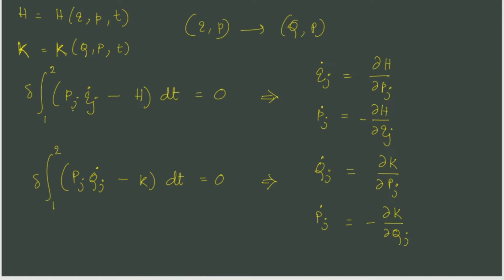Now, if you scale each of these p's and q's such that you get the new set of coordinates, then of course the true path will not change just because you are only making some scaling transformation.